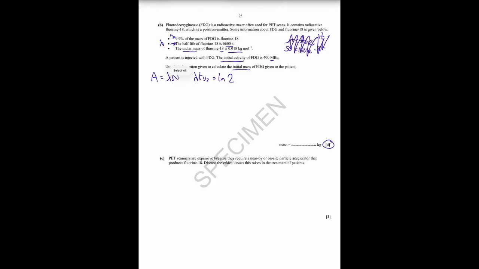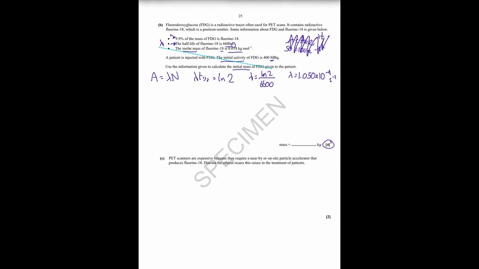So I'll rearrange that to say lambda is equal to ln2 over t half, which is in seconds, so I don't even need to worry about converting. Everything's going to be in the proper units. So 6,600, and I'm going to put that in the calculator, and the answer that I get for lambda is 1.050 times 10 to the minus 4, and proper units s to the minus 1.